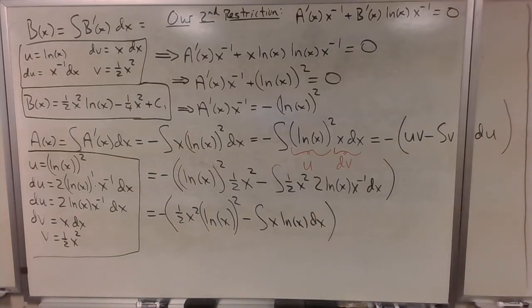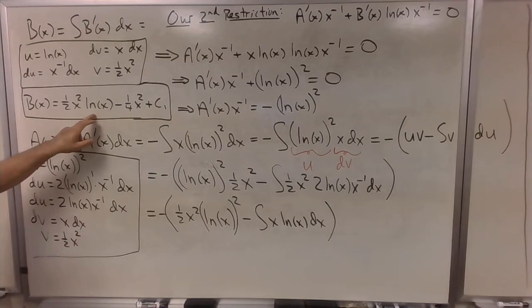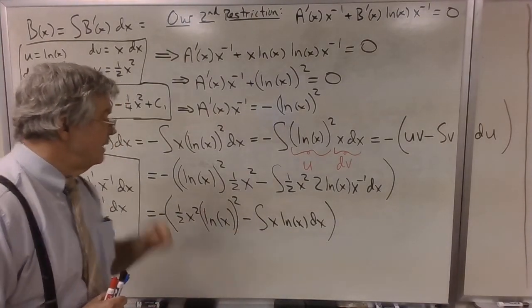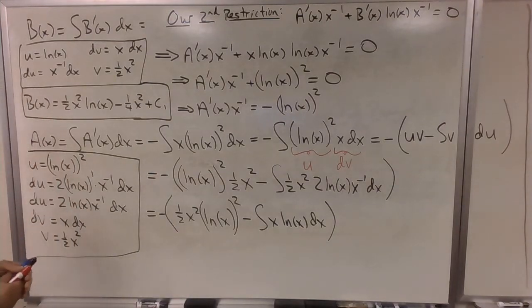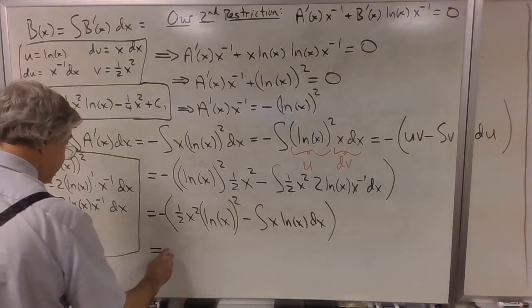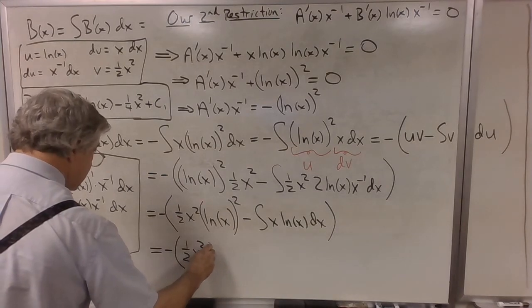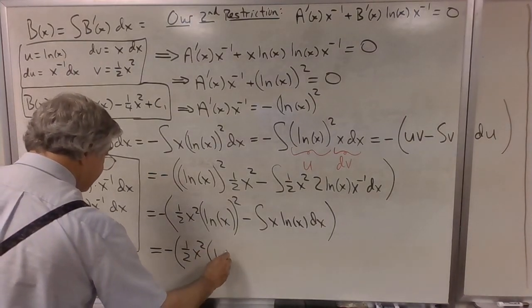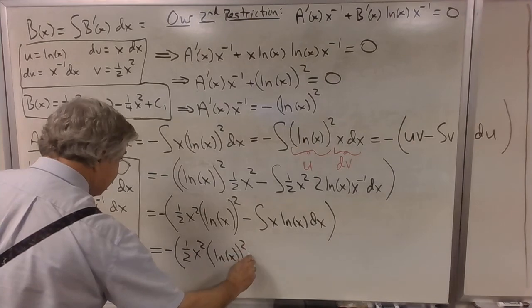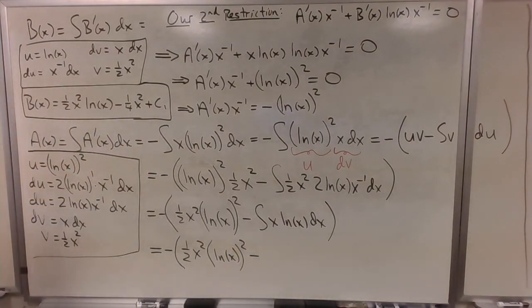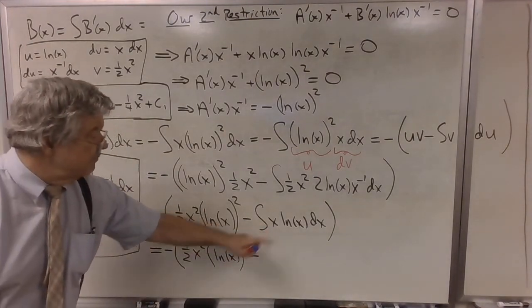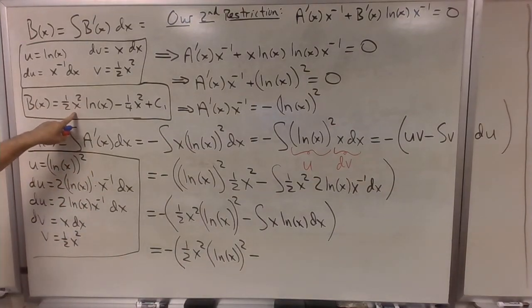And so b of x, this thing, is the integral of x natural log of x dx. Oh, thank goodness, I'm not going to have to think too much more. This integral is equal to this thing.